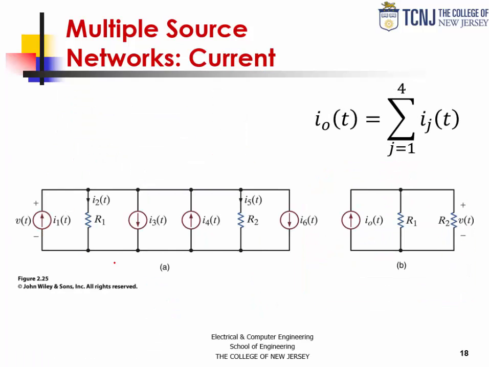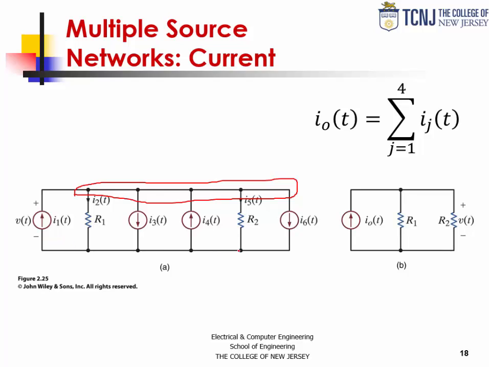The same thing can be applied to combining current sources that are connected in parallel. We can say that in this node, the current flowing into the node is negative and the current flowing out of the node is positive.